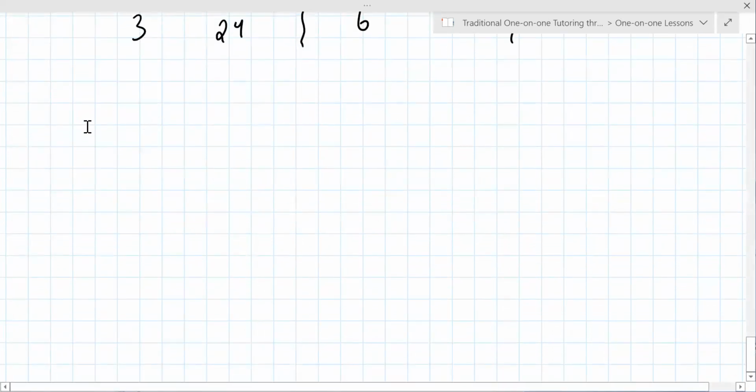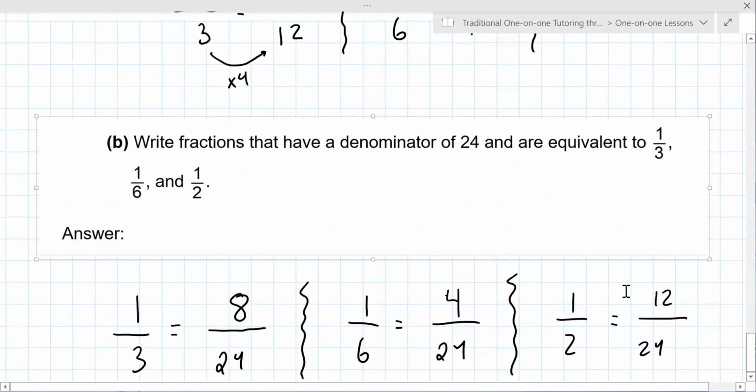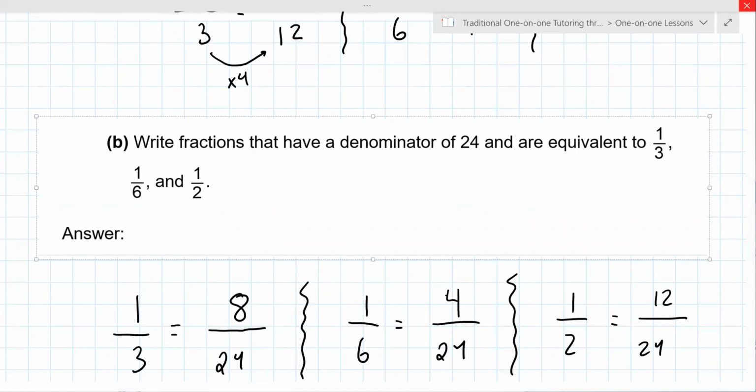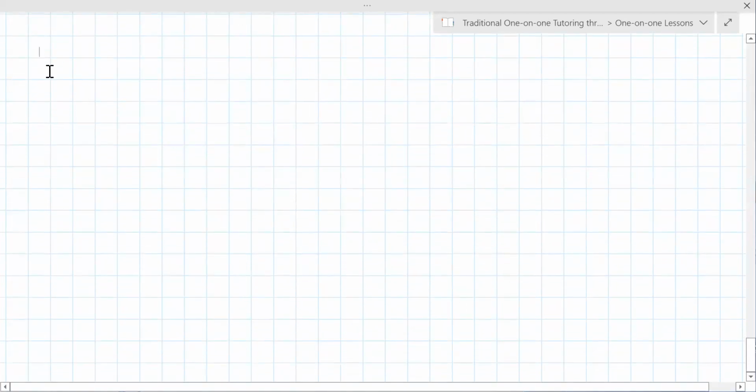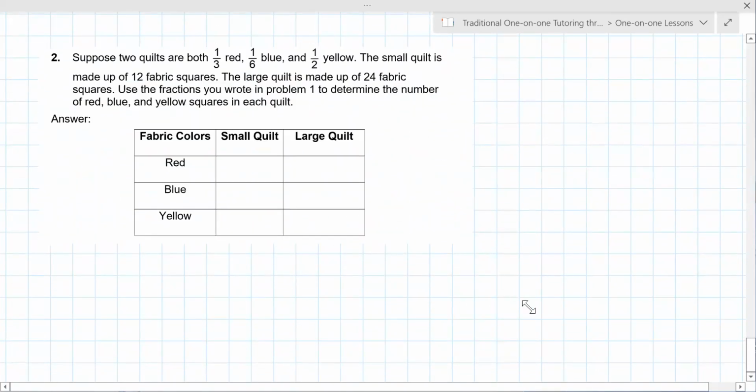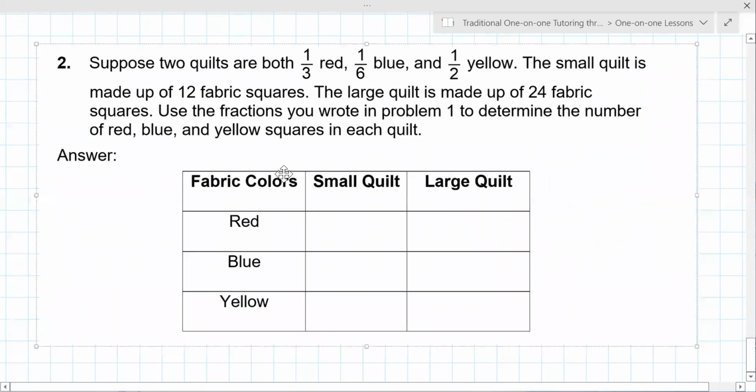Okay. So now we're going to move on to the next part. All right. So the next part is filling out this table.